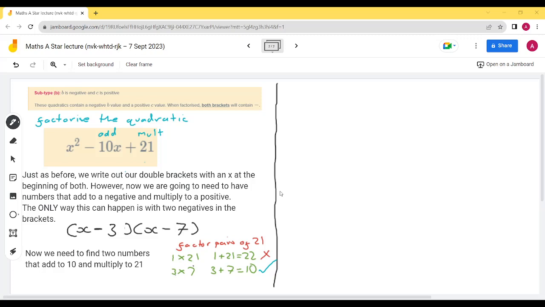Okay, so we're going to move on to the third type now. And so type 3, we've got c is negative.